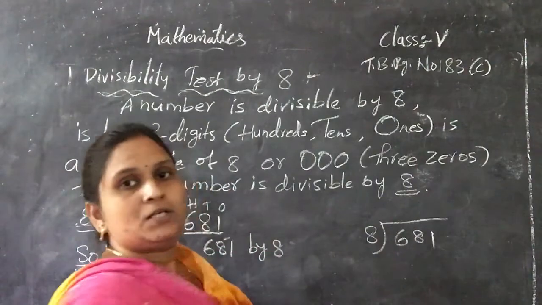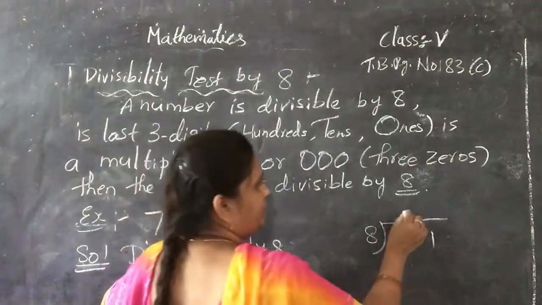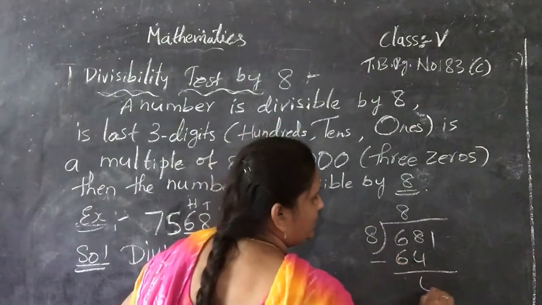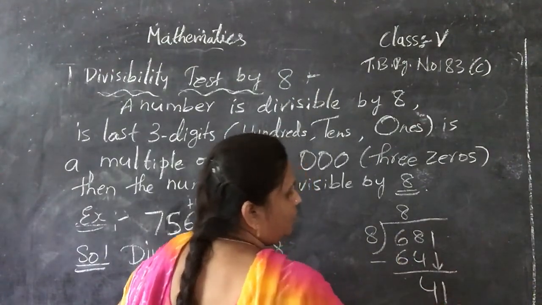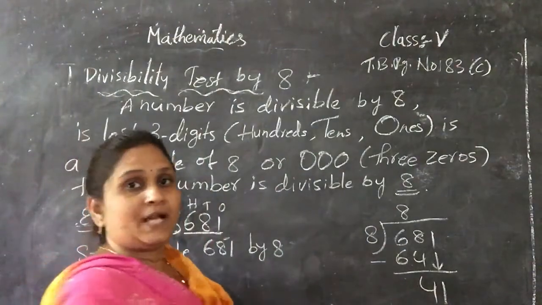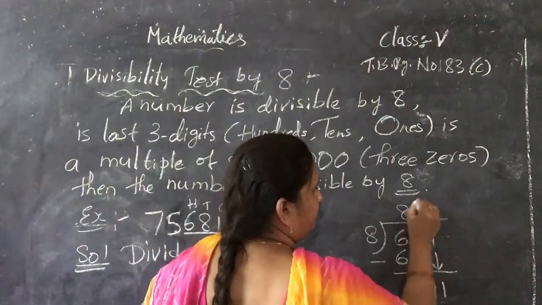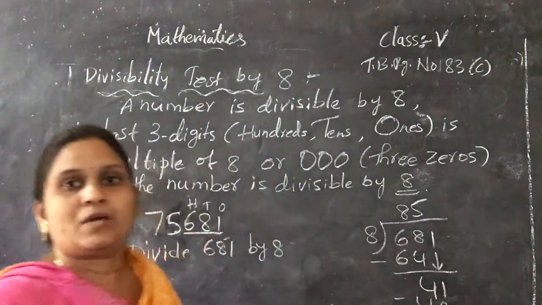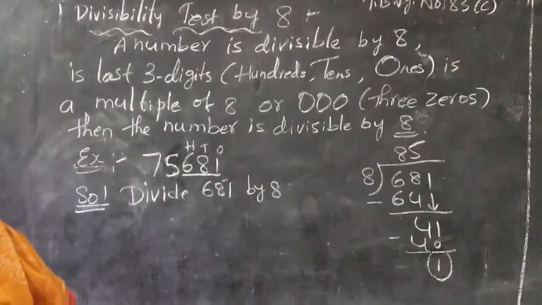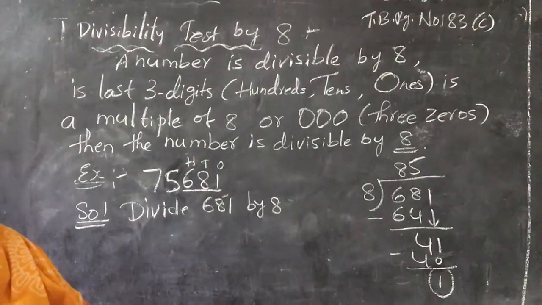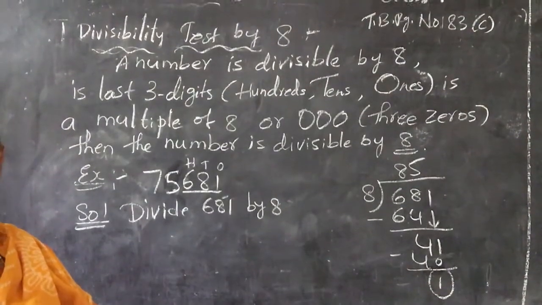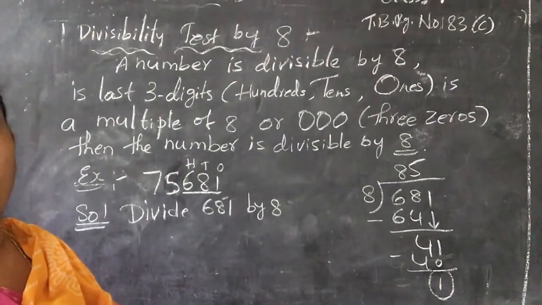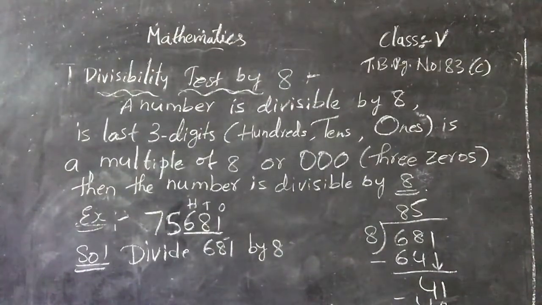681. 8 8s are 64, minus 64. 8 minus 4 is 4 and bring down 1. 8 5s are 40. Remainder 1. So as the remainder is 1, it is not possible to divide by 8. So conclusion, what you have to write?